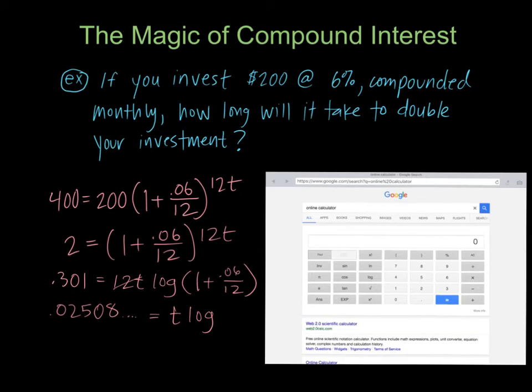Let's see, that's 0.06 divided by 12, plus 1.